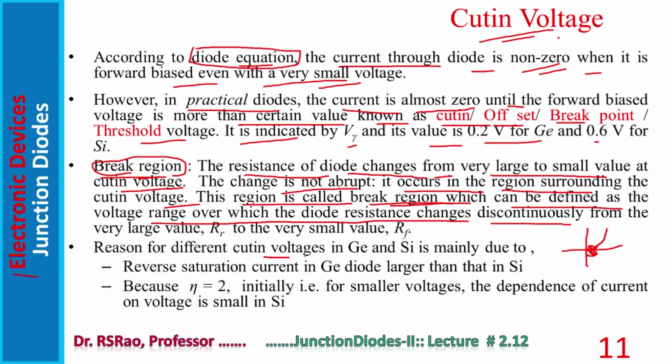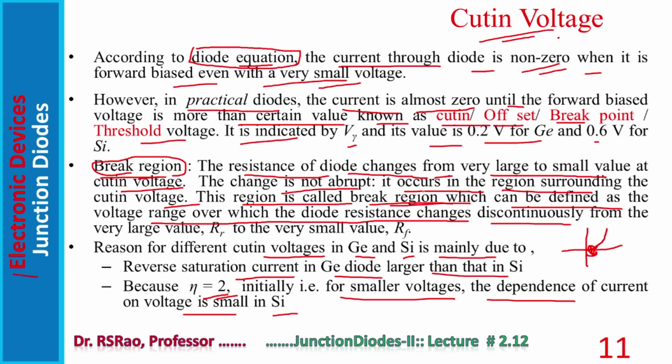The reason for different cut-in voltages in germanium and silicon is mainly that the reverse saturation current in a germanium diode is larger than that in silicon. This is one aspect. Second aspect is eta equal to 2 initially, that is for smaller voltages. The dependence of current on voltage is small in silicon.